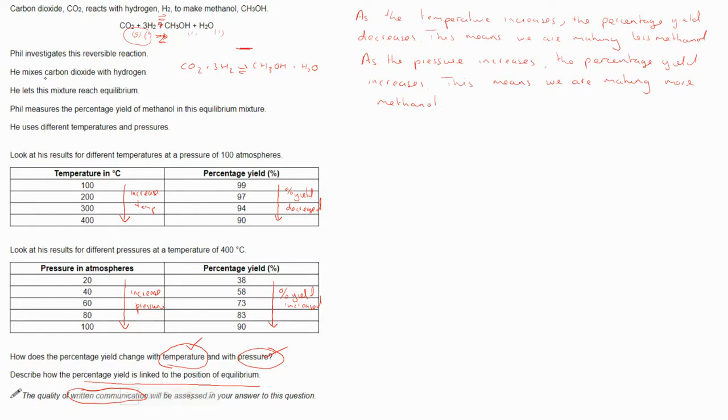If the position of equilibrium is to the right, then we're making more products, so the percentage yield will increase. If the position of equilibrium pushes to the left, then we're going to make more reactants, so we're going to have less products and a lower percentage yield.